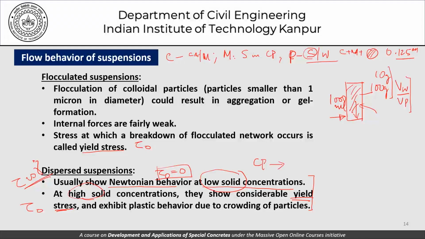So this is plastic behavior due to crowding of particles. That is something we need to keep at the back of our mind from the point of view of rheology. There are no interparticle forces in this case.